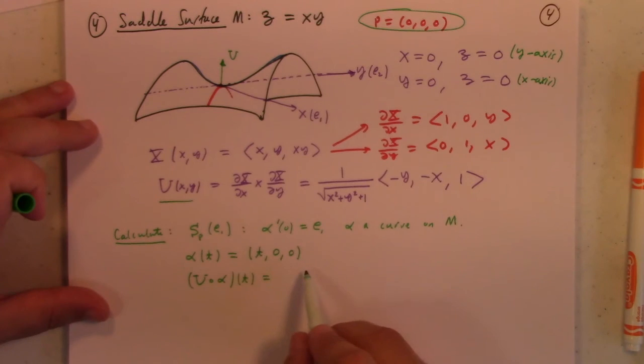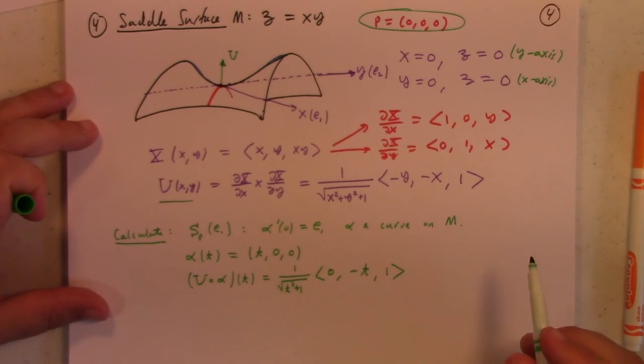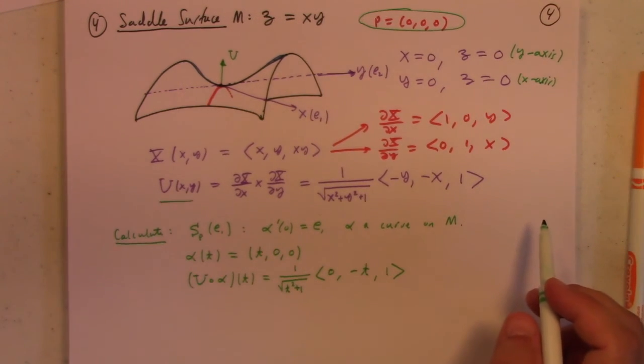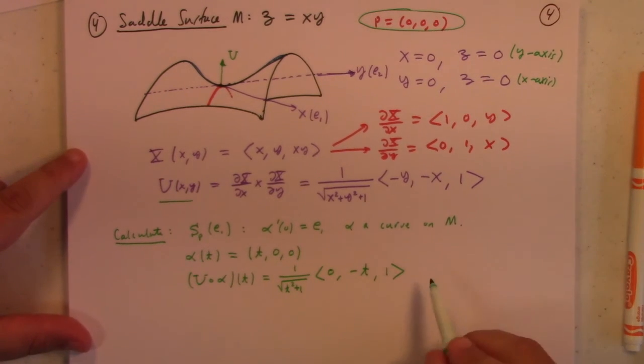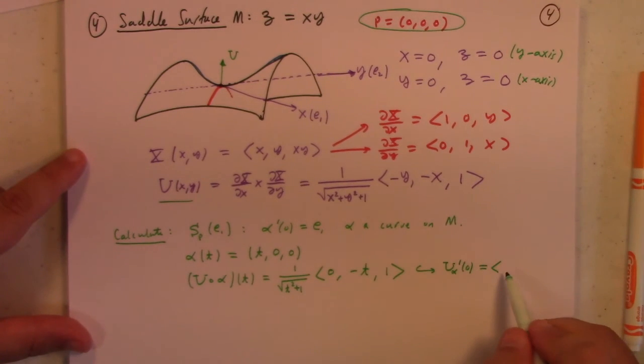So plugging that in here gives me 1 over the square root of t squared plus 1, times (0, minus t, 1). And let's see here. You can then calculate that U of alpha, as another notation for this. U of alpha prime of 0 is then equal to (0, minus 1, 0). A short calculation shows you that.